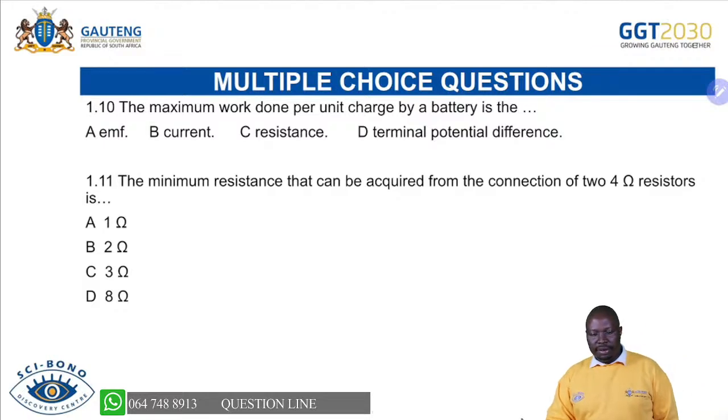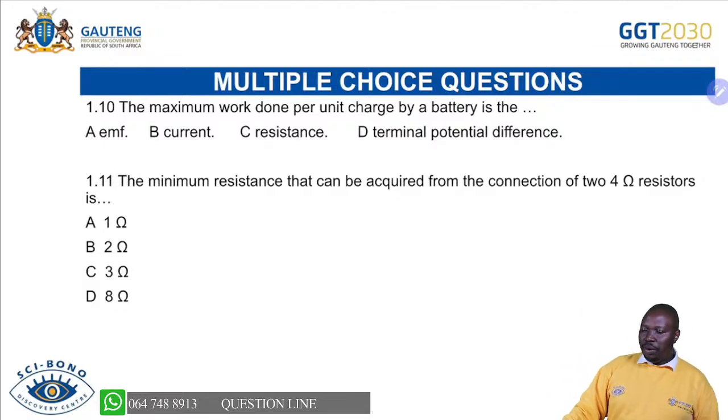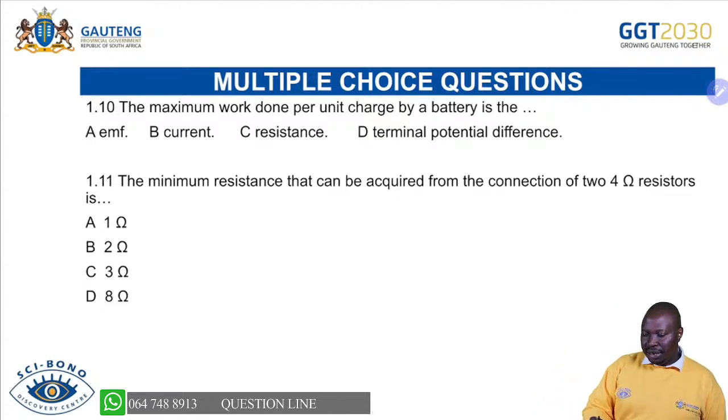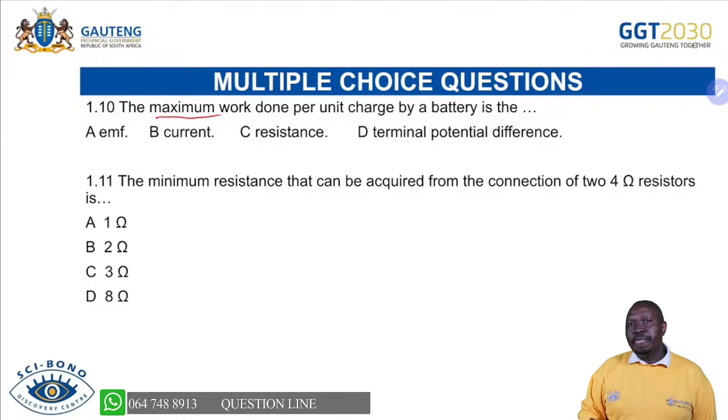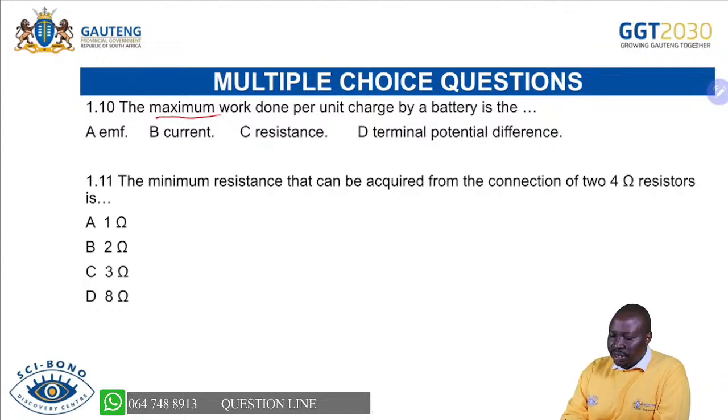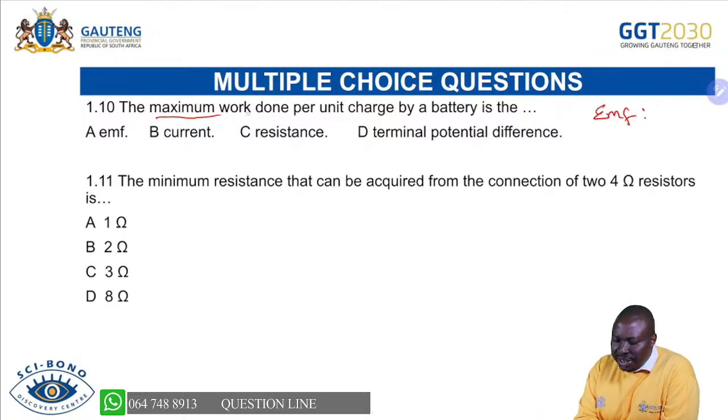Now let's look at the last two questions, which is now the maximum work done per charge. Remember what I said when I started the lesson. If we look at our exam guideline, it defines EMF as the maximum energy provided by the cell per unit charge of a coulomb. So you can see that the maximum energy provided by the cell, by the battery, is the maximum work done.